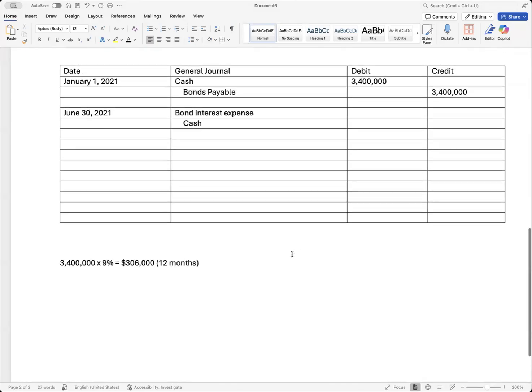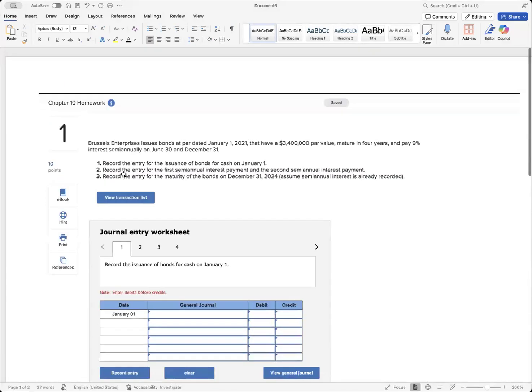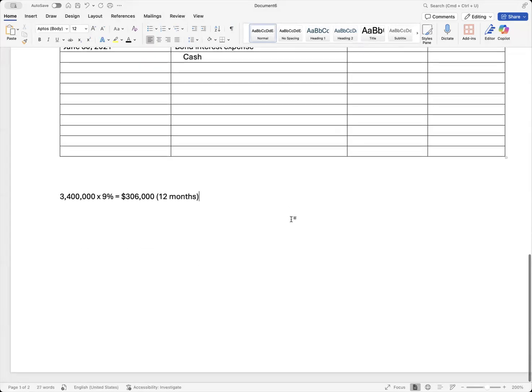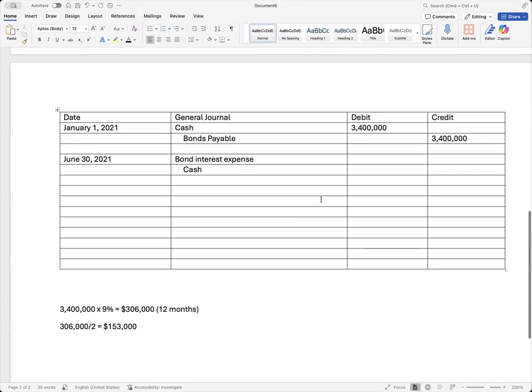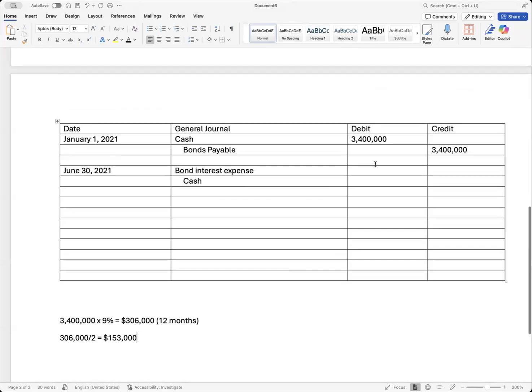It asks me for the semi-annual interest rate. Okay, so that means half of a year. So that means 6 months. I'm going to take the 306,000, divide it by 2, and that's going to give me my semi-annual interest of 153,000. So then I'm going to just put my 153 here.